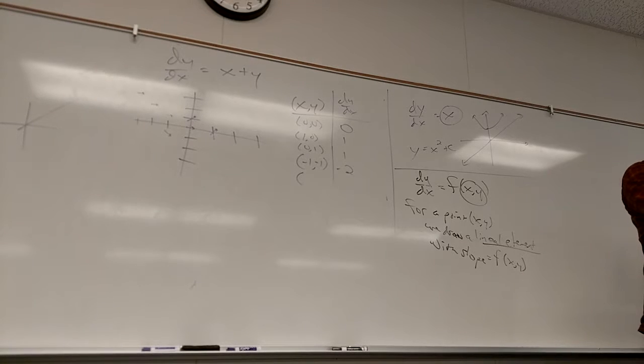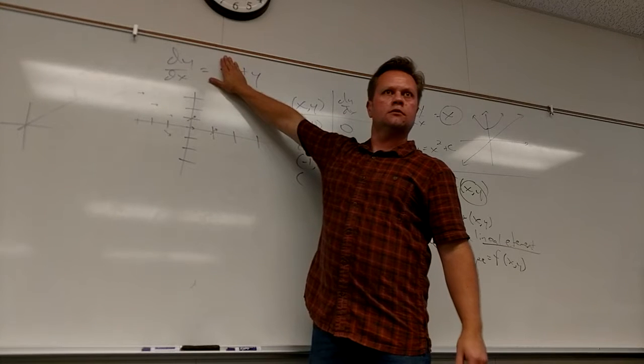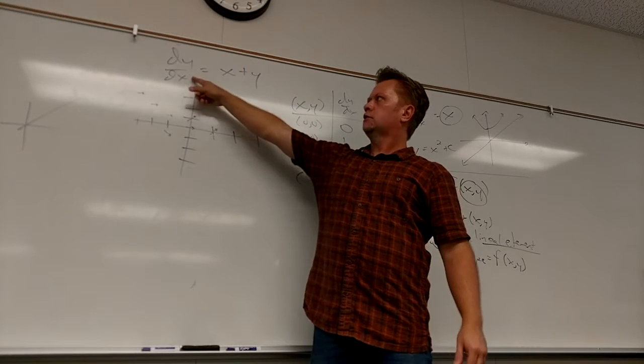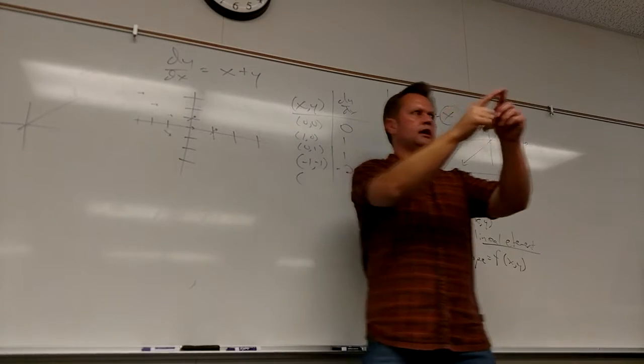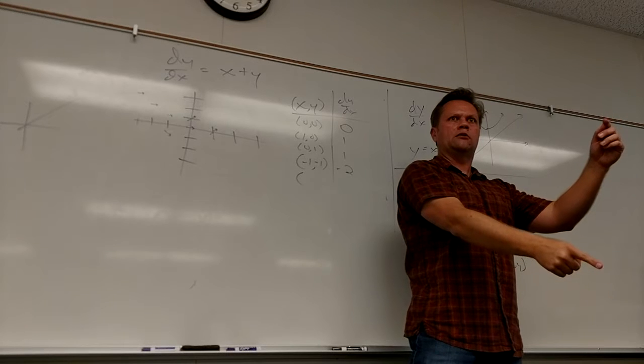I wanted to get up to phase portraits because this thing is really cool. Phase portraits deal with autonomous DEs, which is the correct word for when there's no x dependence. There's only y dependence. If there's no x dependence in your slope, that means as I move in this direction, it's always going to look the same up and down.